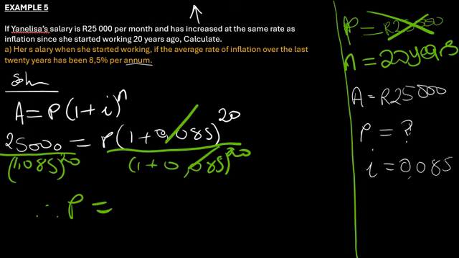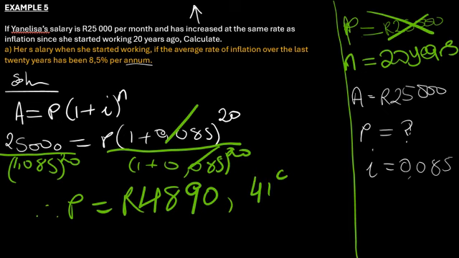This means that she used to get 4,890.41 if the salary increases using the compound interest formula.